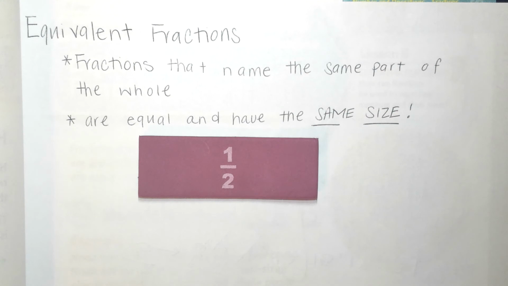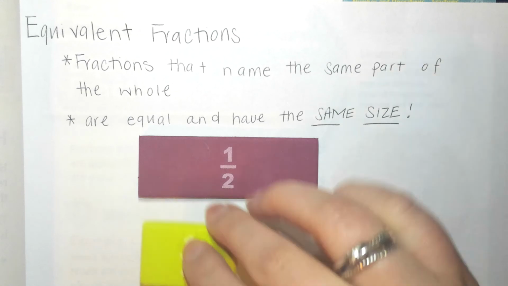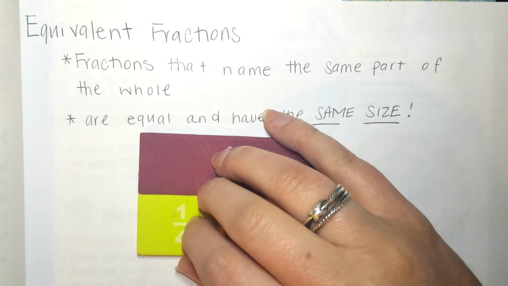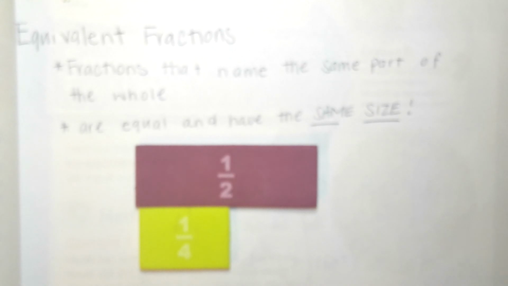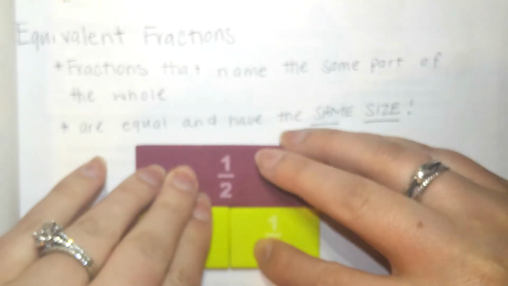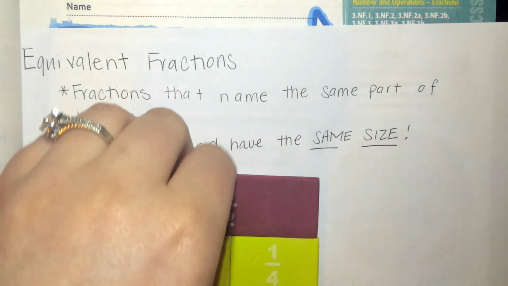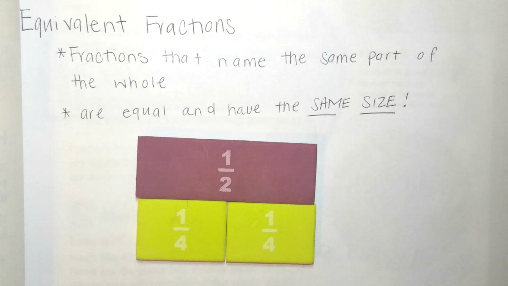So if I look at this fraction tile, it represents the fraction 1/2 of one whole. I could say that 1/2 is equivalent to 2/4 because they represent the same part of the whole. They are the same size and they represent the same amount.